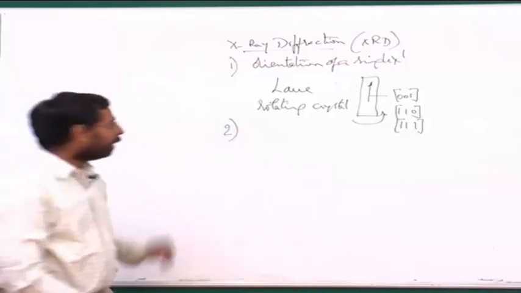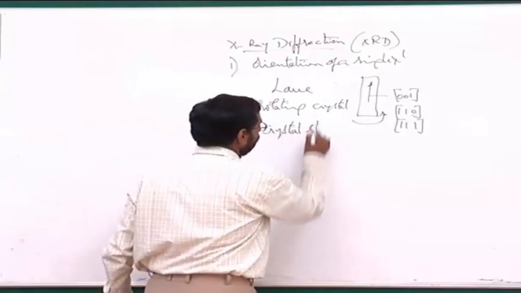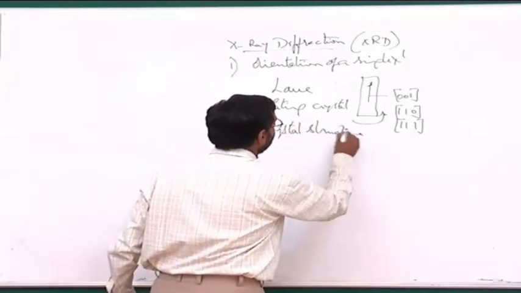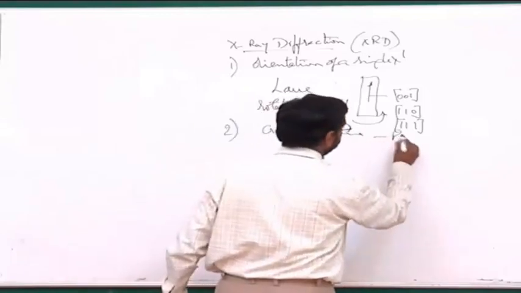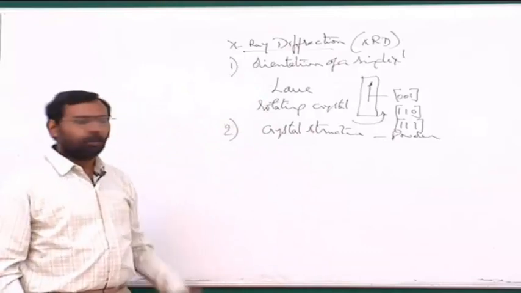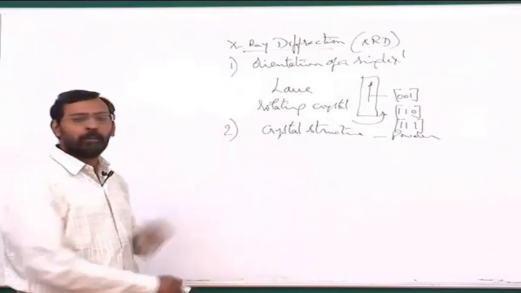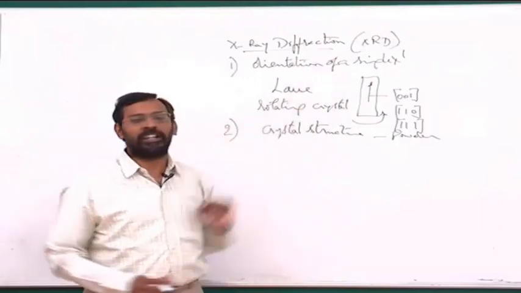The second one is to find out the crystal structure of an unknown, let's say, powder sample. I said these single crystal techniques are used only for a specific application where single crystals are used. For most of the applications, we do not use single crystals.